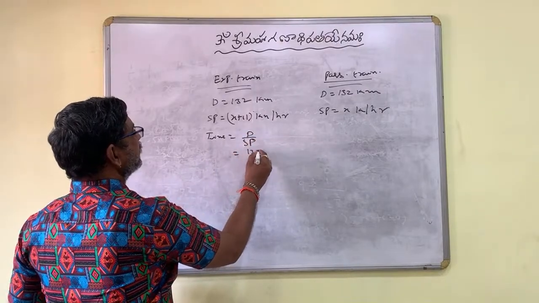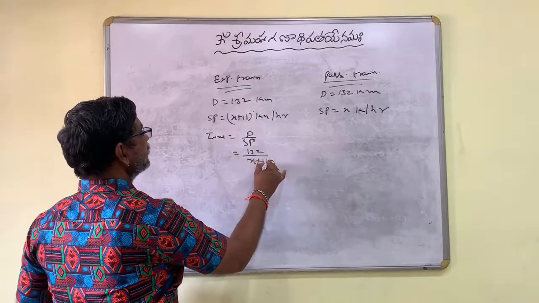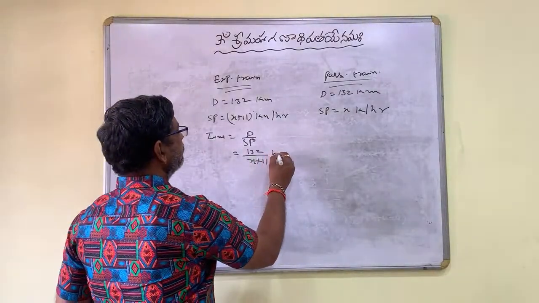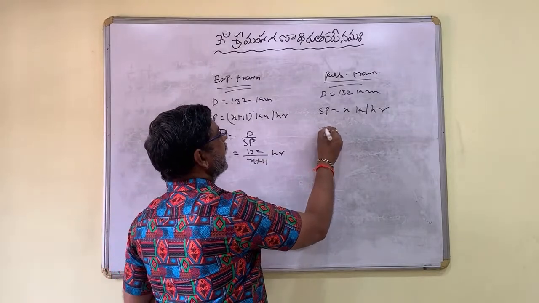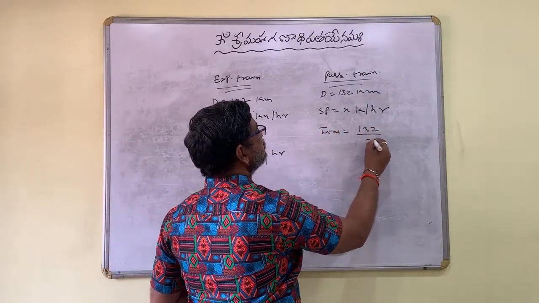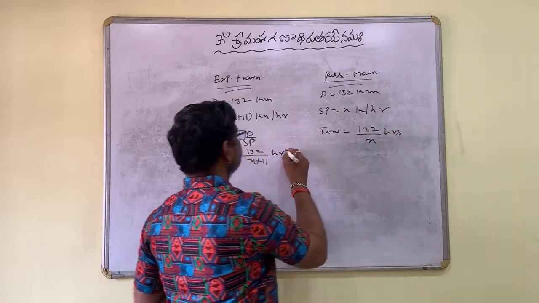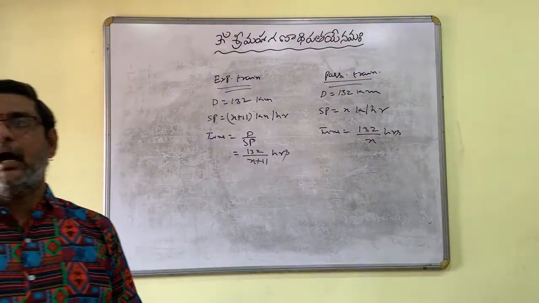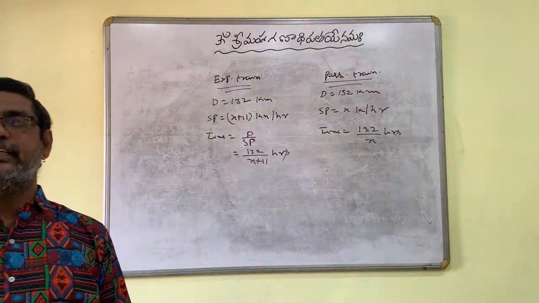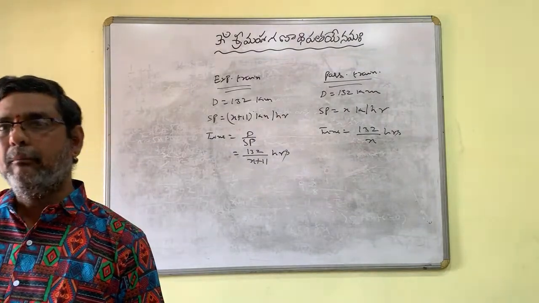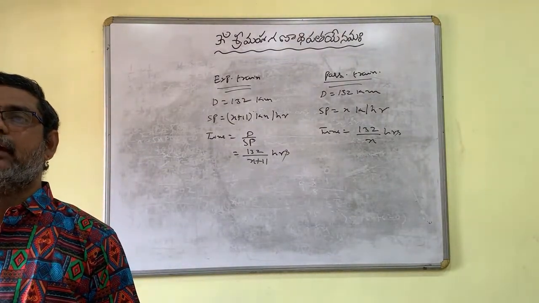So distance 132, speed x plus 11, so 132 by x plus 11. And here also time is distance by speed. Now, according to the problem, which train will take more time? According to the problem, which train will take more time, Nana?